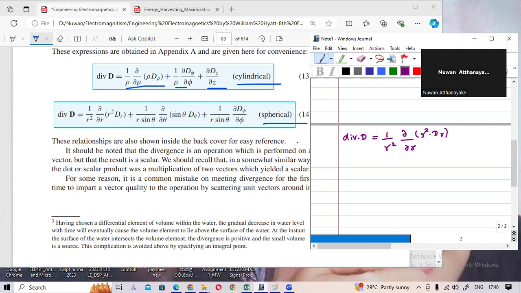In cylindrical and rectangular coordinates, these coefficients and this part are not there.